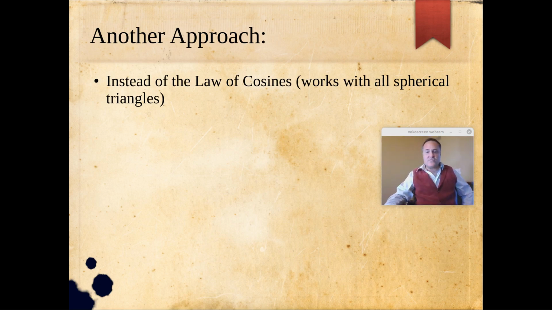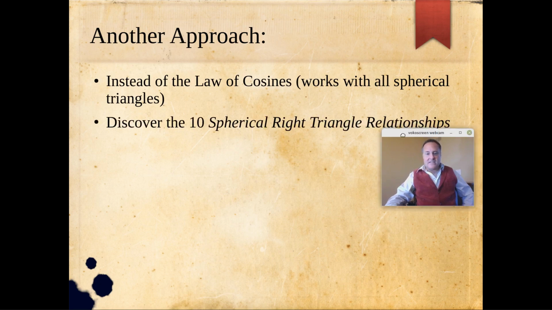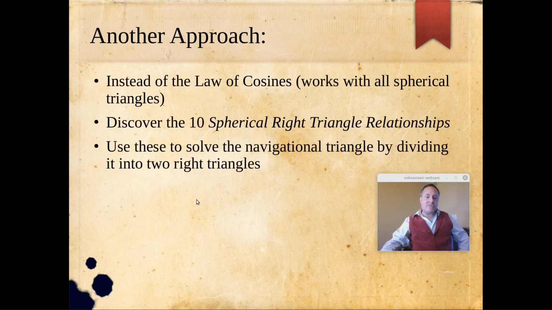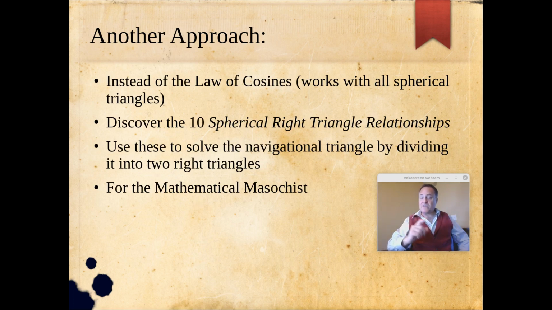It works for any spherical triangle, but you have to learn 10 right triangle relationships. You have to discover those, and then use them to solve the navigational triangle by dividing it into two right triangles. It really is for the mathematical masochist. So if you're interested in learning another way to solve the navigational triangle that does not use the spherical law of cosines, tune in next time and return with me for the next part.